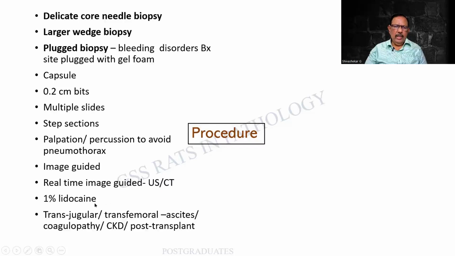This is the local anesthetic that is being used. And rarely there are other modes which I shall be explaining, such as the transjugular or transfemoral. These are used in some patients who are otherwise compromised, for example, chronic kidney disease or post-transplant.